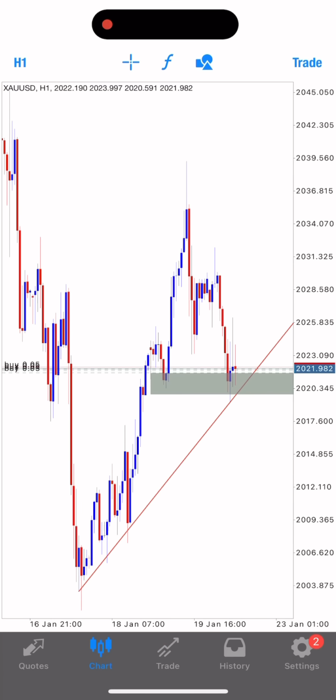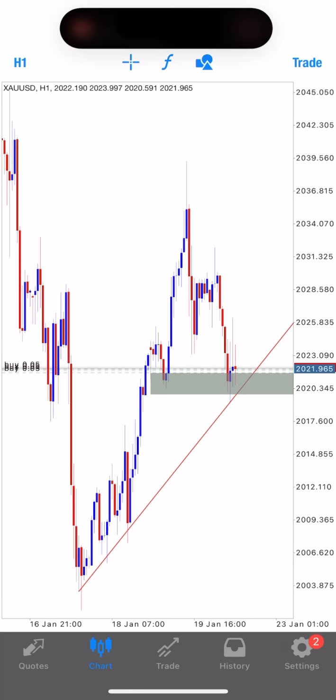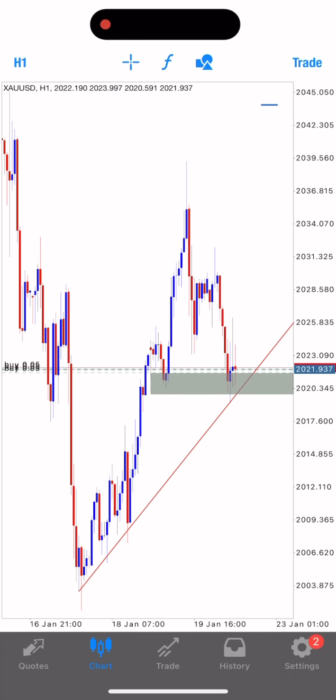So let's work out how market will react, and then we know what to do, guys. Let's place some more buy stop orders at this level.